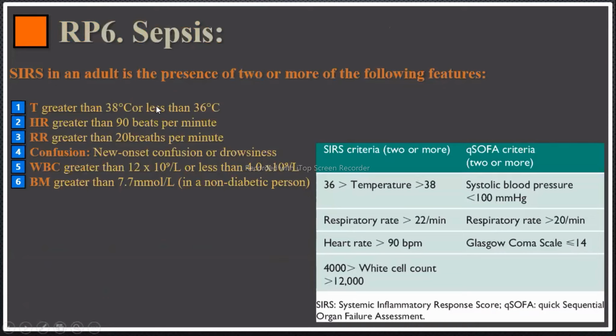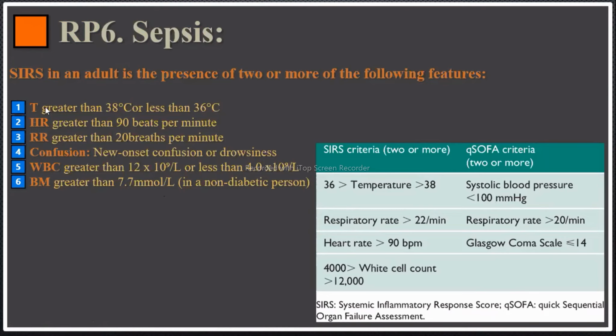Regarding sepsis, you have to be familiar with 6 criteria. Temperature more than 38 or less than 36, heart rate greater than 90, RR greater than 20, new onset confusion or drowsiness, white blood cell more than 12 or less than 4, blood sugar greater than 7.7. So we are talking about SIRS.